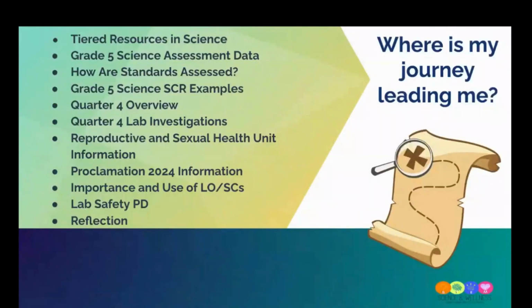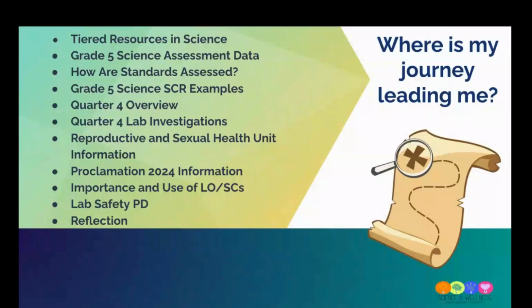Our journey today is going to lead us into various aspects of Grade 5 Science. We're going to be looking at our tier resources. We're also going to be looking at some data, how the data can also guide our future instruction. We're going to be looking at how the standards are assessed in our 2023 STAR administration.